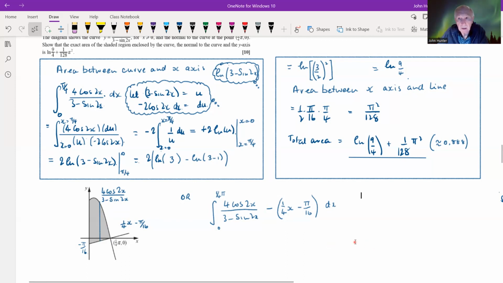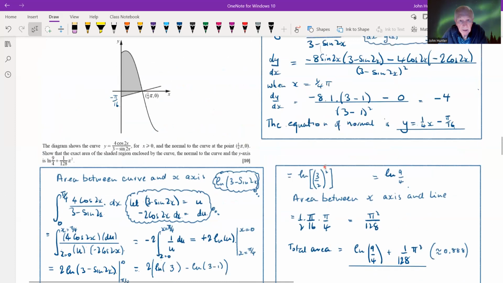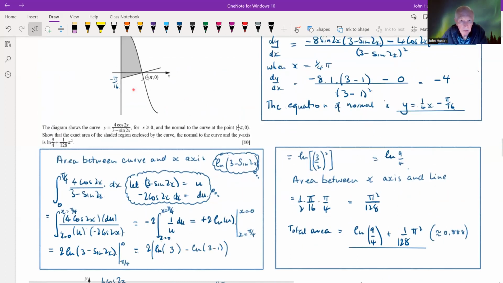As I've said, a little bit of a beast, but we have gone through finding the equation of the normal. In this case, we're using the quotient rule and evaluating that at the point where we need to. And we've looked at the reverse chain rule, or spot the dog, if you like, for something which is not completely obvious that's going to be possible.